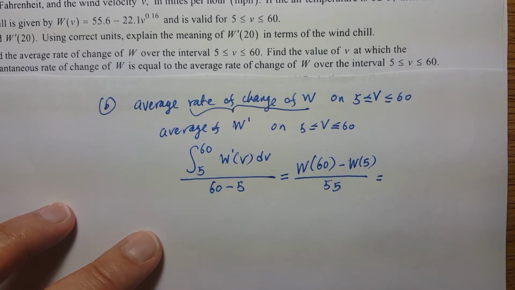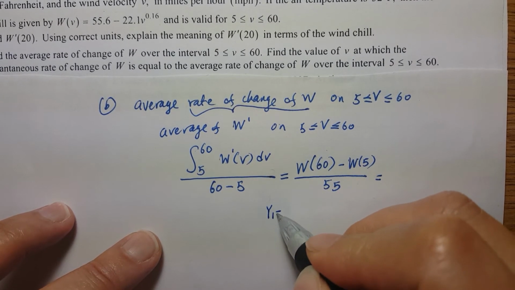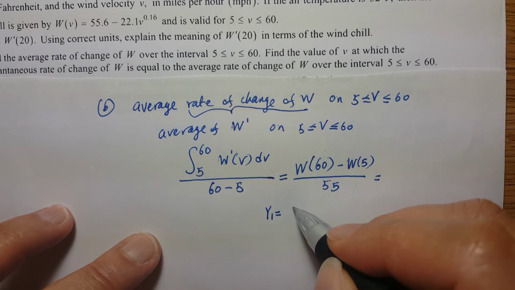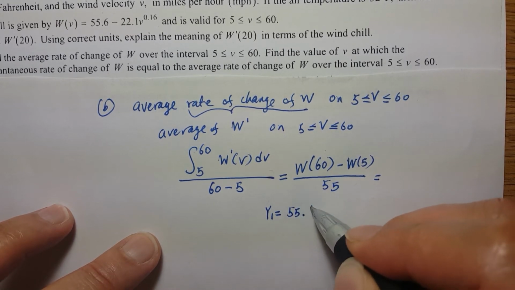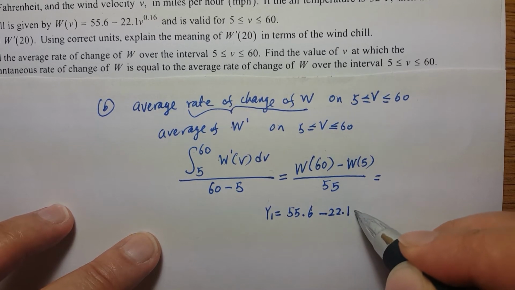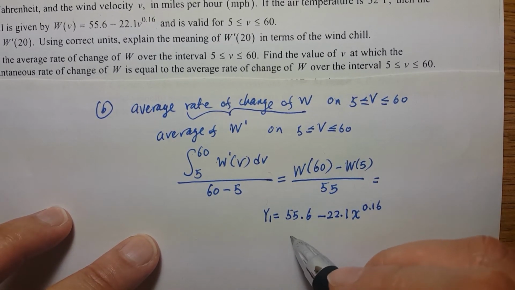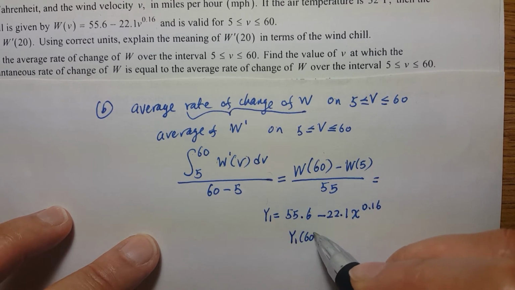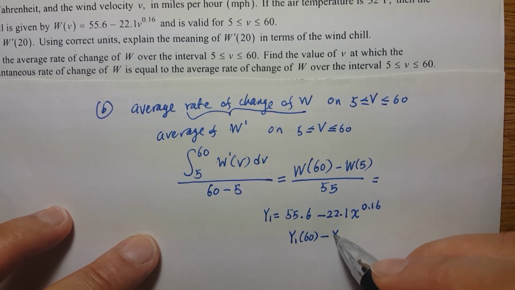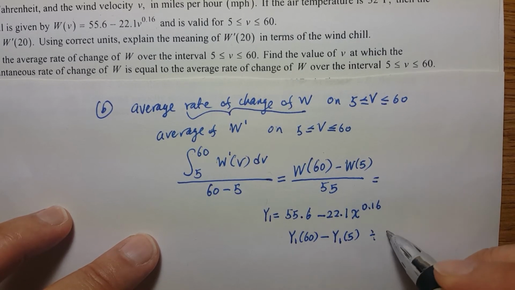Make your Y1 equal to W: 55.6 minus 22.1, use X. And then behind the scenes, you do Y1 of 60 minus Y1 of 5, get the answer, and then divide by 55.